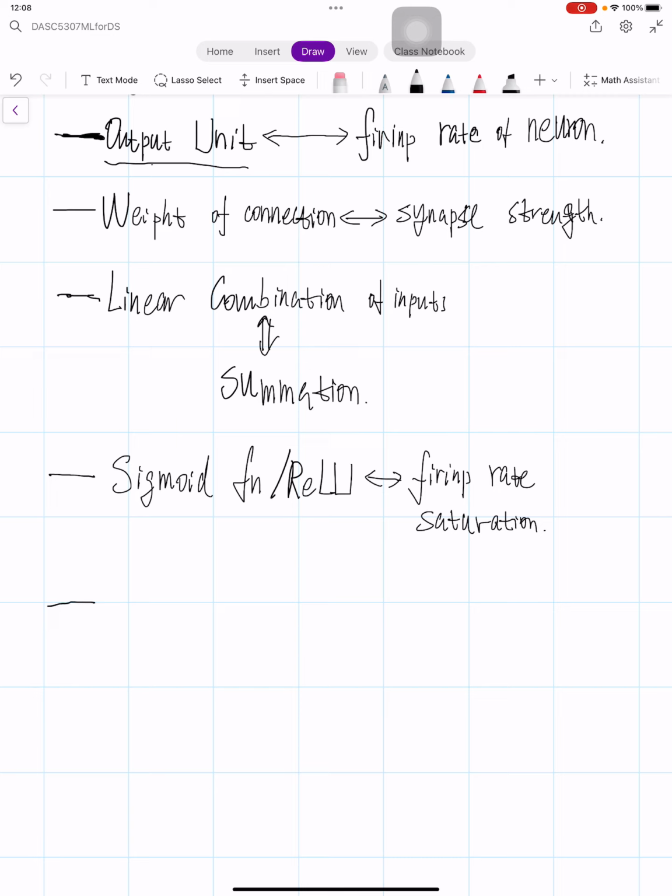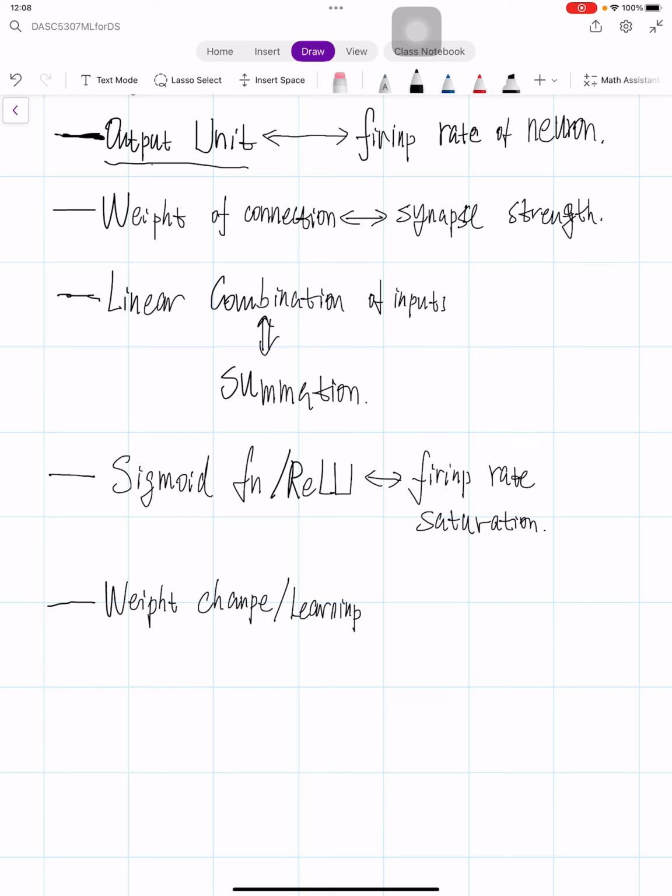And we train our model by tuning those weights, or learning.